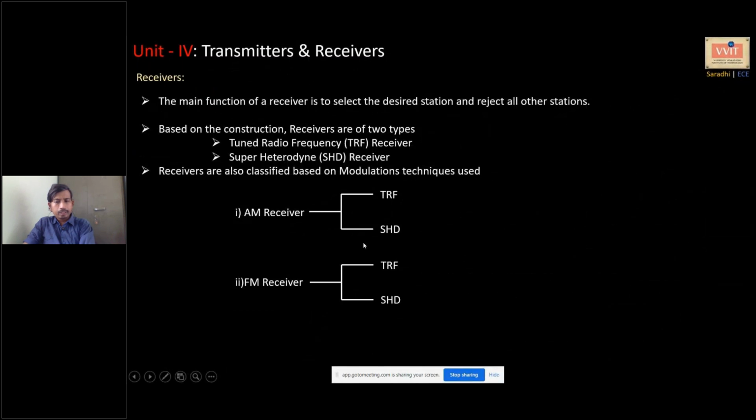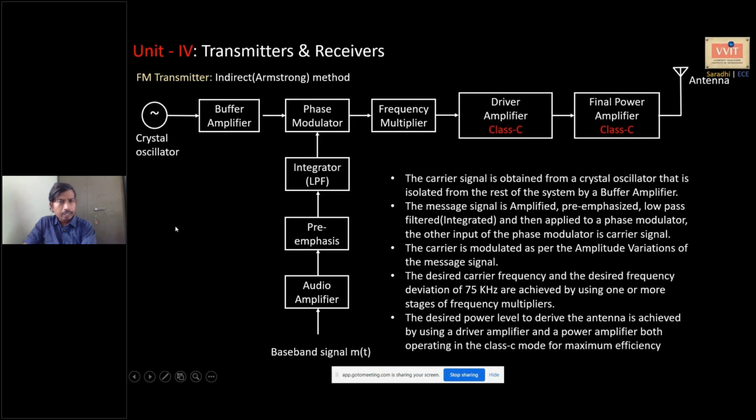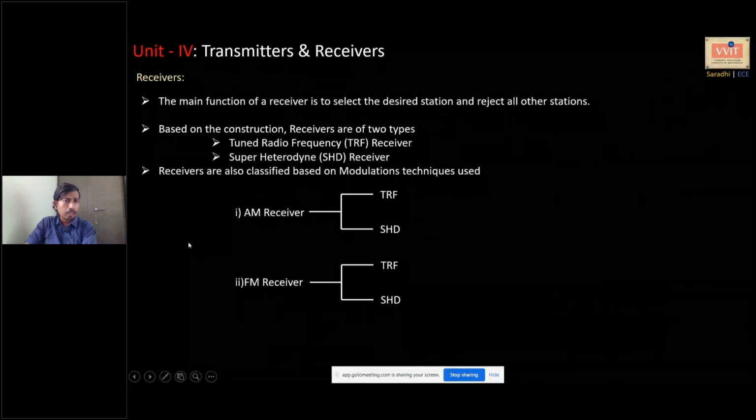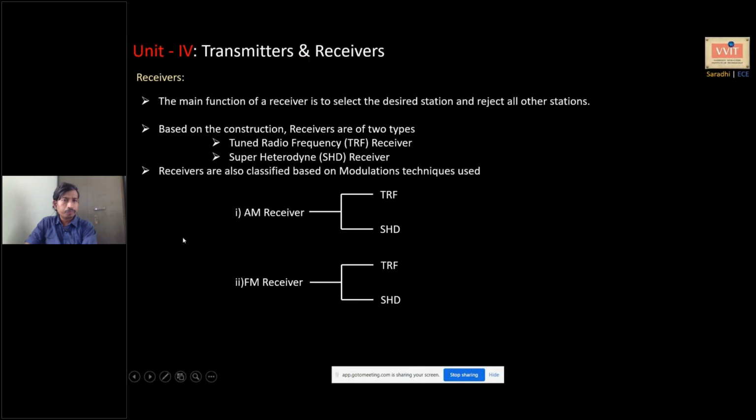Now this is regarding the transmitters, AM transmitter, FM transmitter. Let us see receivers. Receivers are also of two types, tuned radio frequency receiver and superheterodyne receiver. And receivers are also classified based on the type of modulation technique used: AM receivers, FM receivers.